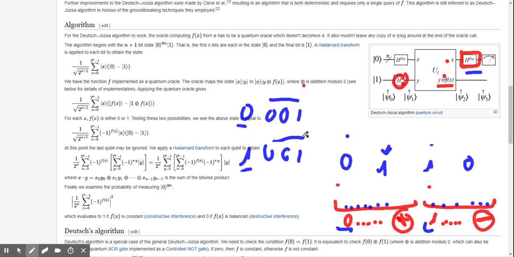So when you apply the Hadamard, it will just go back to 0, because those things don't cancel out or something. That is what it's saying, I guess.